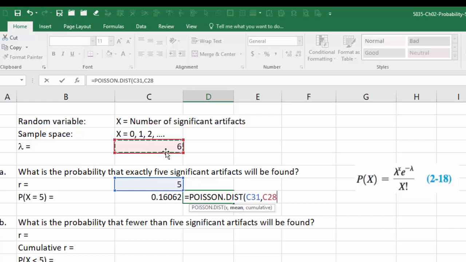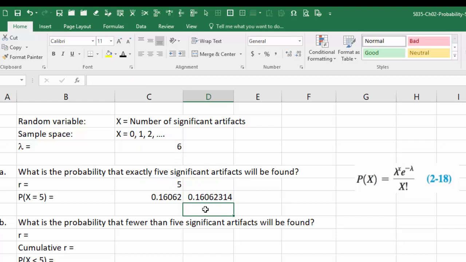And then we have to specify whether we want a cumulative value or an individual probability. We want the individual probability, so we say false for cumulative, then we get the probability of x equal to 5.